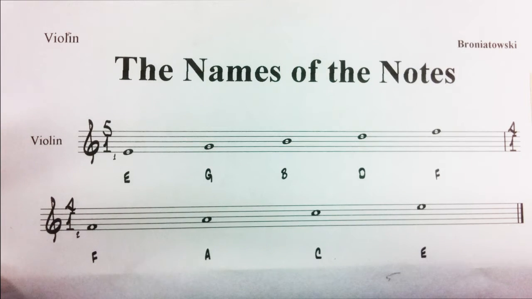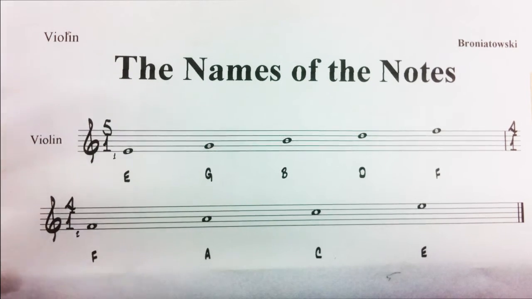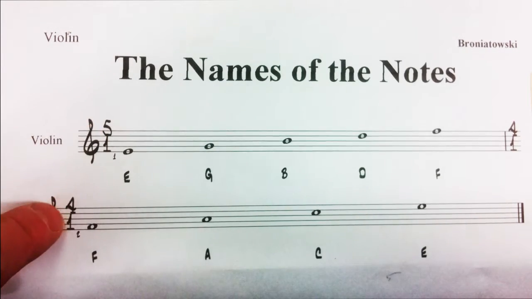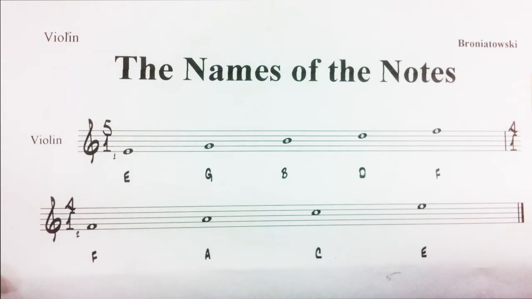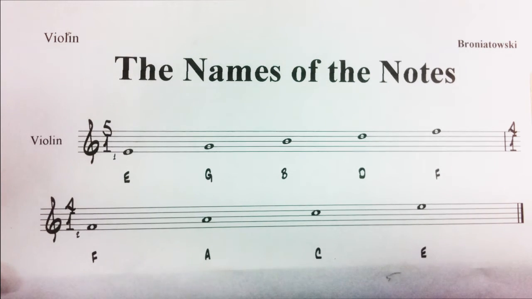Now the next thing is we're going to talk about these numbers and these numbers. That's called a time signature, and we're going to go into more of that later. And if you don't completely understand what I'm about to say, that's okay. I'd just like you to kind of hear what a time signature is. A time signature tells us two things.